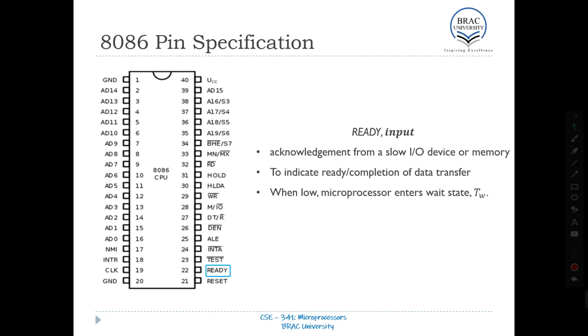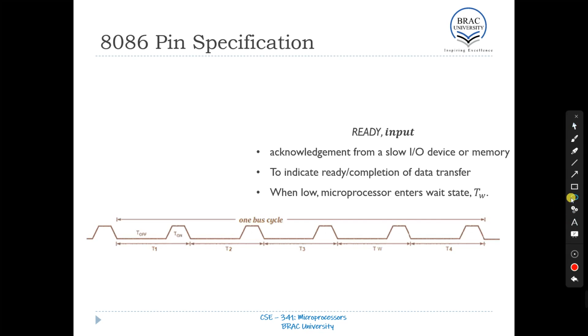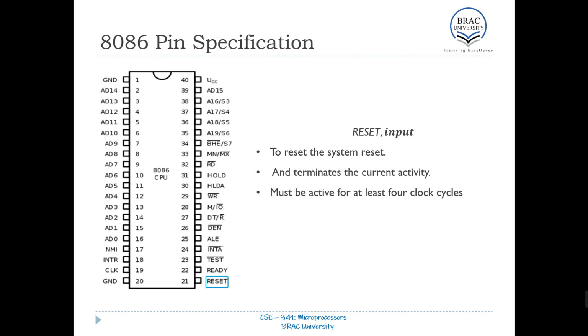The wait state is an extra time period that the microprocessor adds between T3 and T4 to allow the input-output device or memory device to get ready for data transfer. The reset pin is used to reset the microprocessor, and in order to do so, it must be high for at least 4 clock cycles.